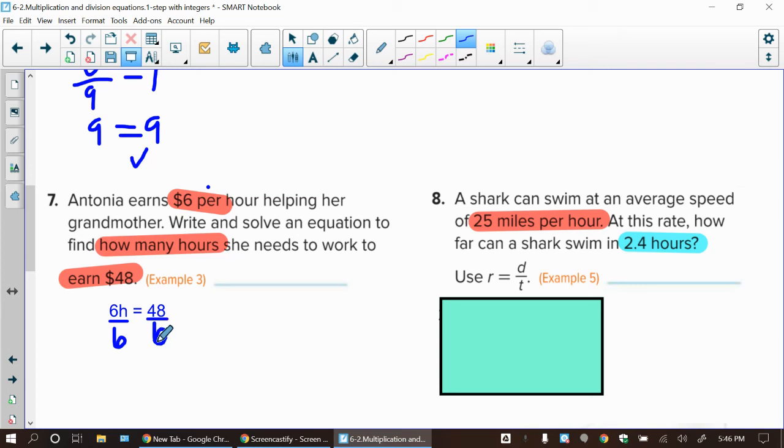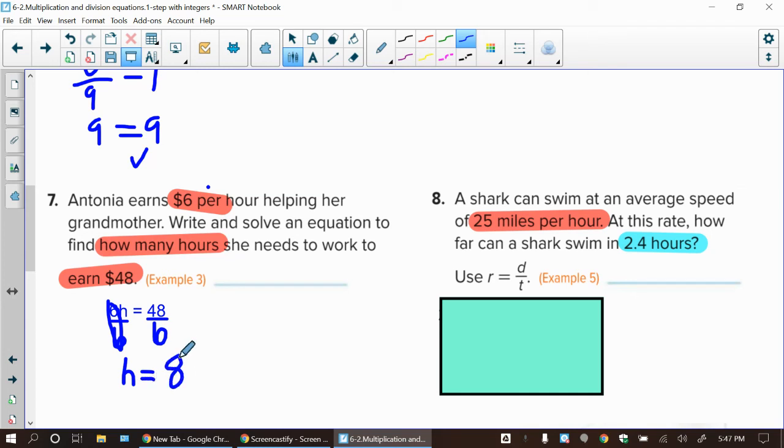And the whole key is to find out what the variable is as just one of that variable. Divide by 6 because then these cancel. I'm only left with H. And then how many times does 6 go into 48? It goes in 8 times.